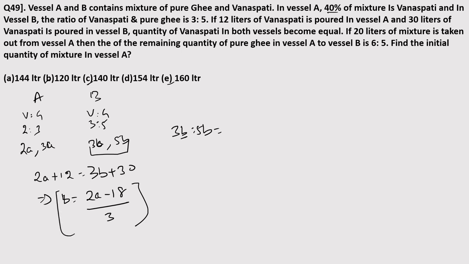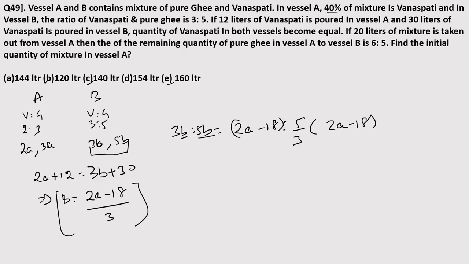So this is coming out to be 2A minus 18 is to 5B. B is already here, so this is 5 by 3 of 2A minus 18. This is the ratio of 3 is to 5. Why I have done this, you will get the hang of it in a moment.